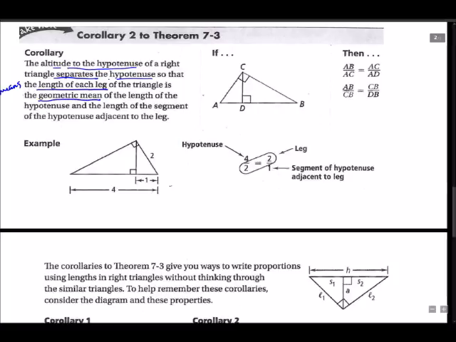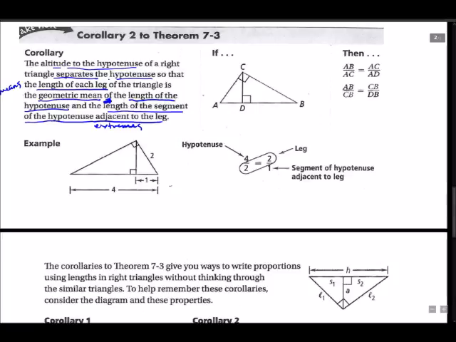Your leg is a mean of, and here's our two values, the length of the hypotenuse and the length of the segment of the hypotenuse adjacent to the leg. So here's our extremes. Let's write that down below. Here's our extremes. The entire hypotenuse and the segment adjacent to the leg.